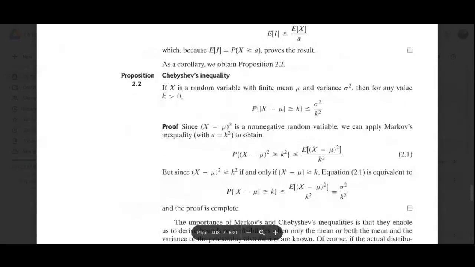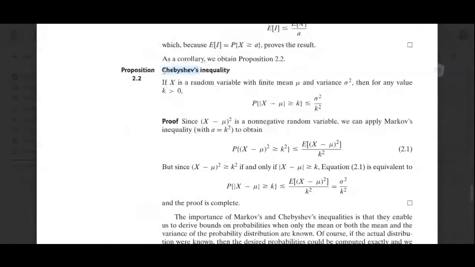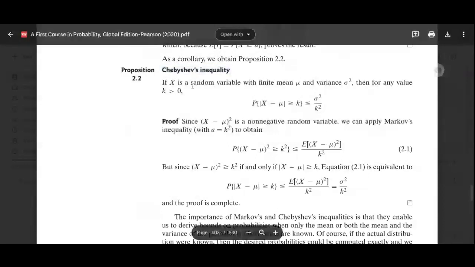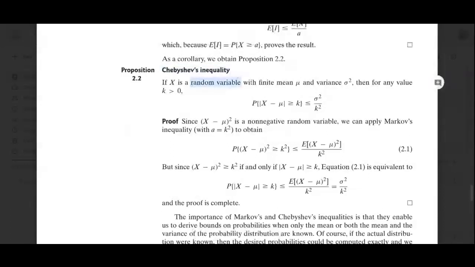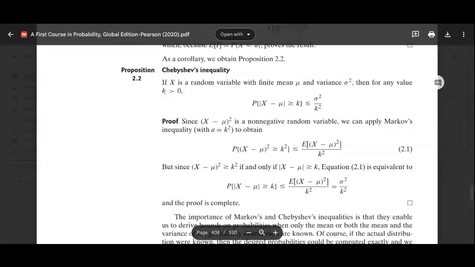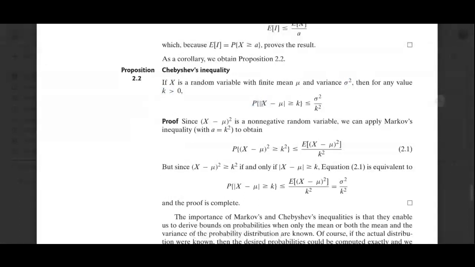Let's see the second proposition, Chebyshev's inequality. X is a random variable with a finite mean mu and variance sigma squared. Then for any positive value k, the probability of the absolute value of X minus mu greater than or equal to k, which basically means values outside the neighborhood of mu, is less than or equal to sigma squared divided by k squared.